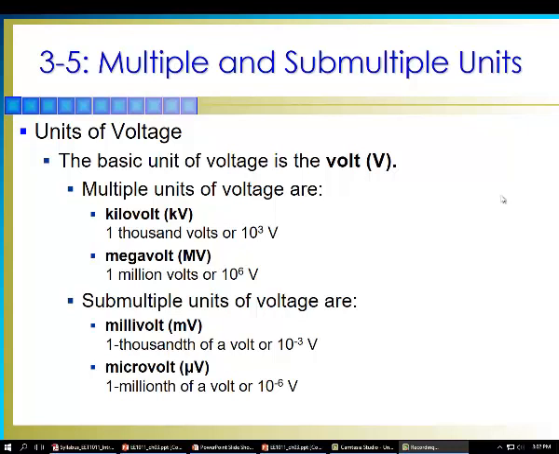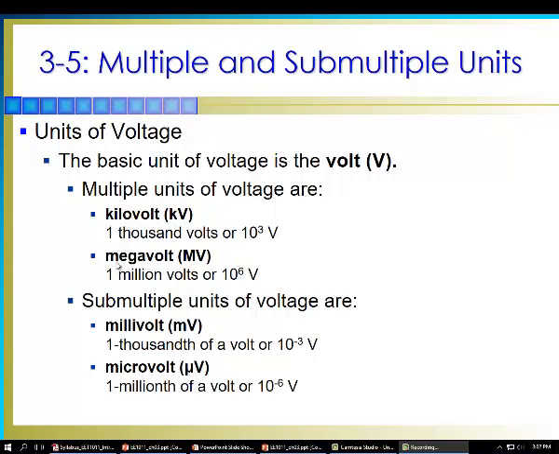Remember from our chapter 1, the introductory chapter, we were talking about powers of 10. So 1 times 10 to the 3 is 1 times 1000. So we can substitute the 10 to the 3 by the K for kilo, and that would be kilovolts.